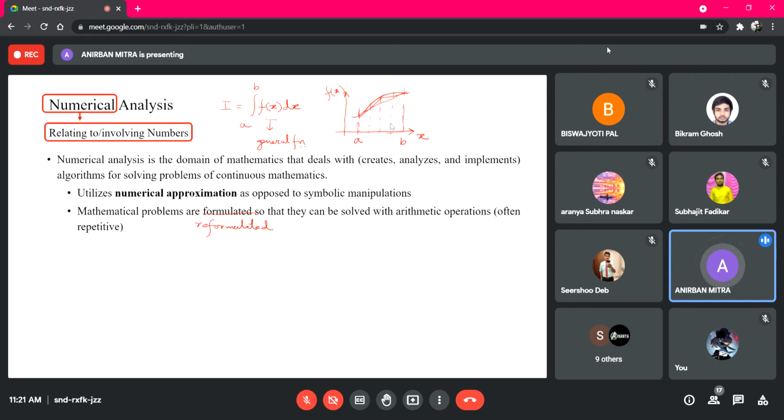Some amount of error is going to be inherently linked with the numerical result. Now, of course, if this error is too high, then you do not have a successful numerical procedure. You have to bring down the error to some acceptable limit. That is also a part of the numerical analysis study. How do you minimize the error and keep it under a certain level so that it gives us acceptable solutions?